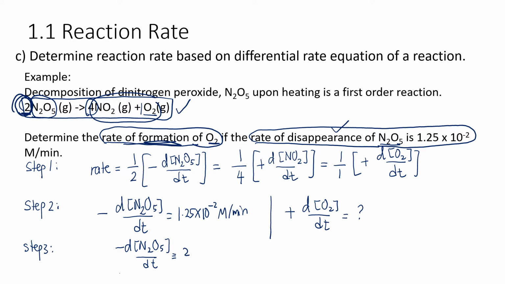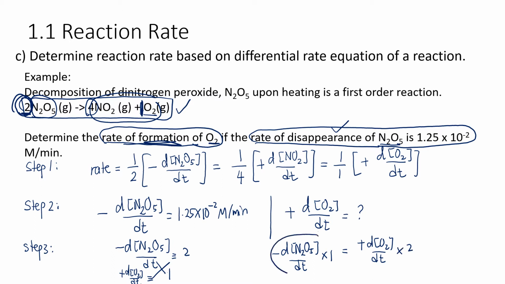And for oxygen, it is equivalent to 1 mole being produced in the reaction. Then to solve it, we can do cross multiplying. We know that rate of disappearance of N2O5 multiplied by 1 is equal to the rate of formations of oxygen multiplied by 2.